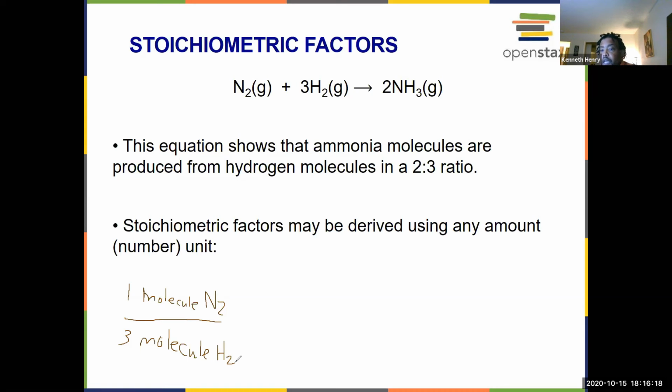Okay. If I had dozens, so if I had 1 dozen of nitrogen gas, how many dozens would I need of hydrogen gas? Three dozen. So 1 dozen nitrogen gas is going to be the same ratio.